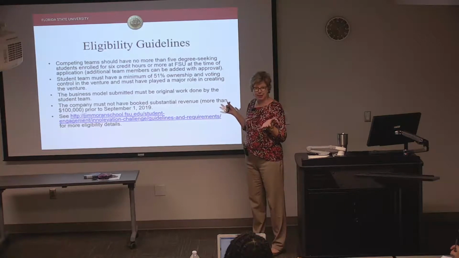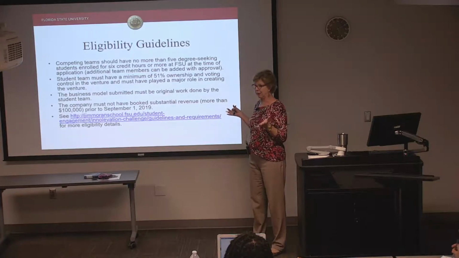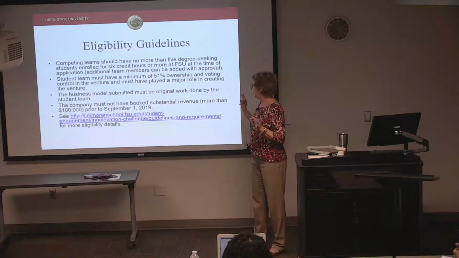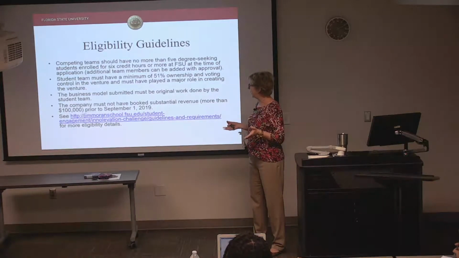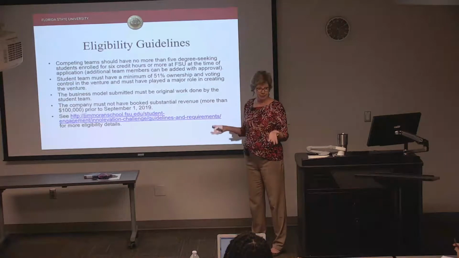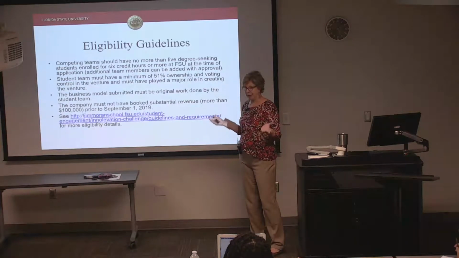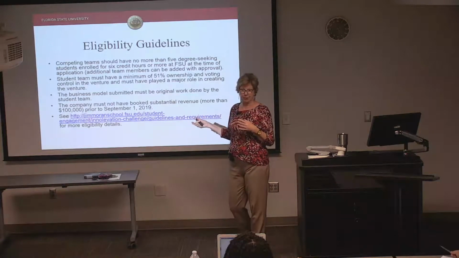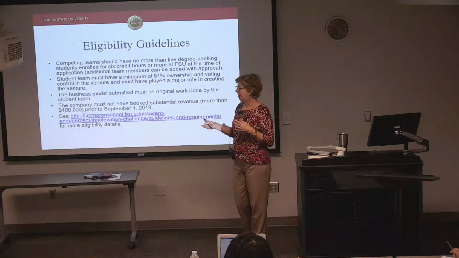If you need to have 6, sometimes people do, that's okay, but we prefer no more than 5, at least 6 credit hours enrolled, so you need to be an active FSU student this fall to apply. If you're graduating in December, it's okay, you can still be in it, even though the finals aren't till March, because you're a student at the time of the application.